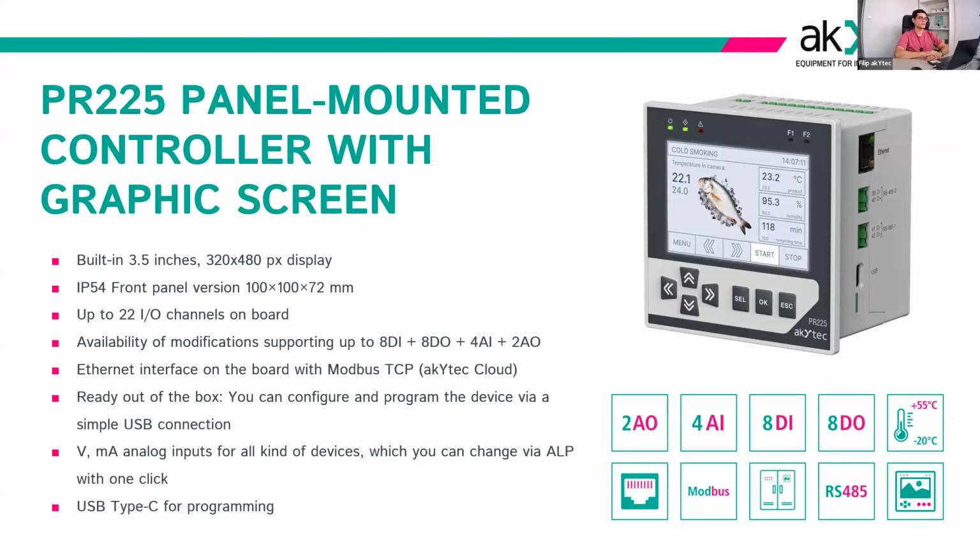It has a little bit larger 3.5-inch display, which is protected by the IP54 rating on the front panel, and overall size of the device is 100 by 100 millimeters, which makes it easy to integrate into the control cabinets. It includes 22 inputs and outputs on the board, and just like the PR205, it has RS485 interface, as well as Ethernet interface.